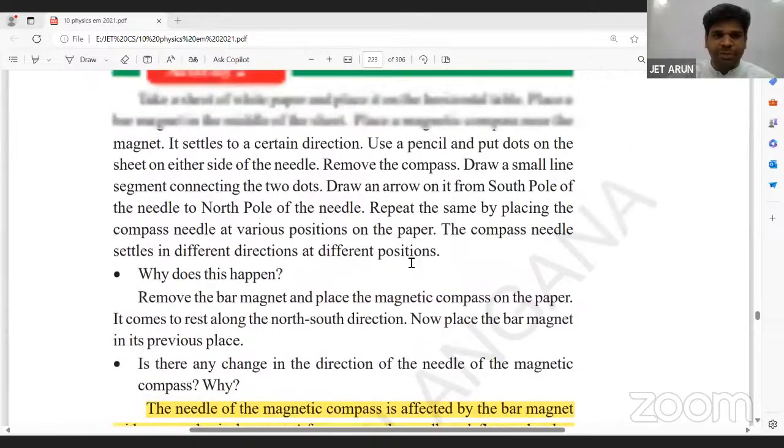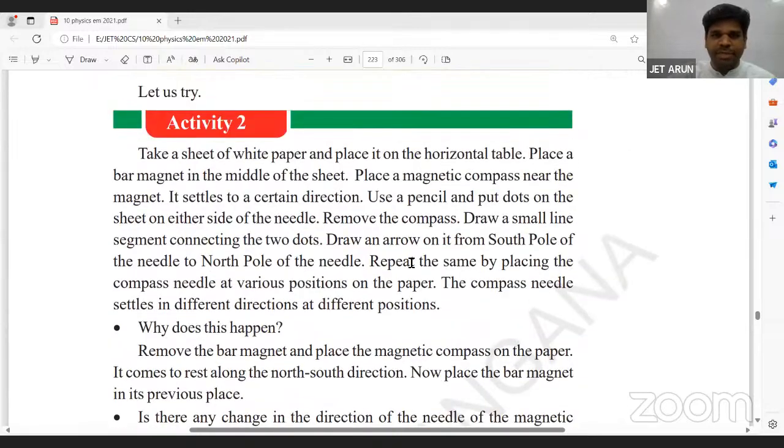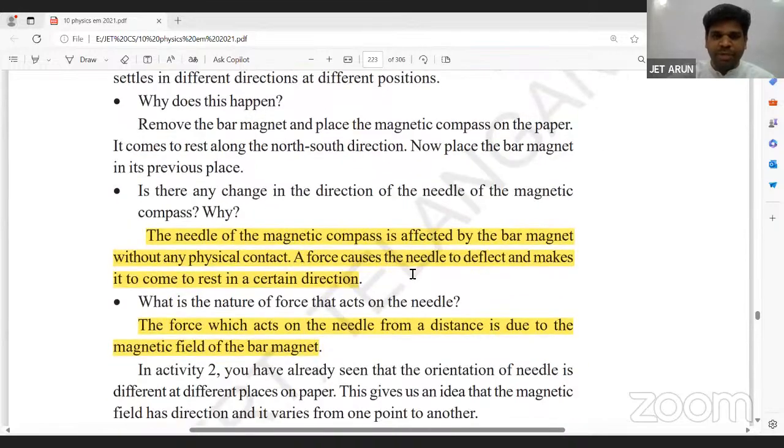And then in this activity 2, where you've got a magnetic compass and a bar magnet, the needle of the magnetic compass is affected by the bar magnet without any physical contact, as I just now mentioned. So this force causes the needle to deflect and makes it come to rest in a certain direction.